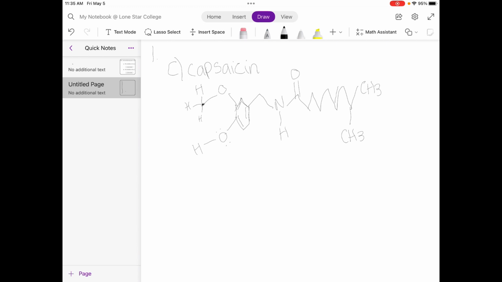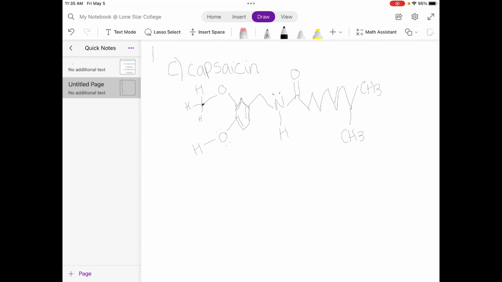Okay, and if you can see for the nitrogen, it also does not follow the octet rule, because it has 3 bonds, but nitrogen actually wants 3 bonds, but it needs to follow the octet rule, which needs to make it 8, so just add a lone pair right here.